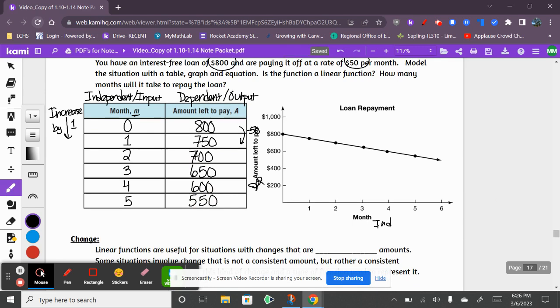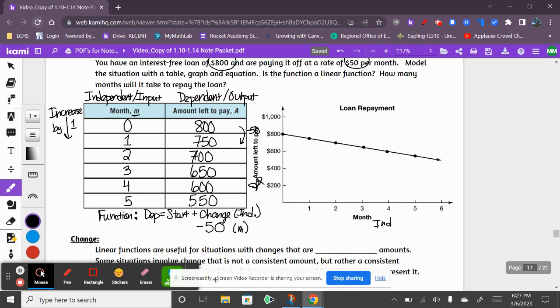So when we look at this, our function is going to be, remember that the setup is our dependent equals our start value plus our change times our independent variable. Our independent variable for this one is m, and our change is minus 50.